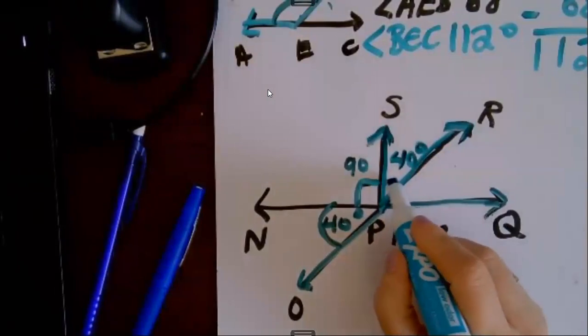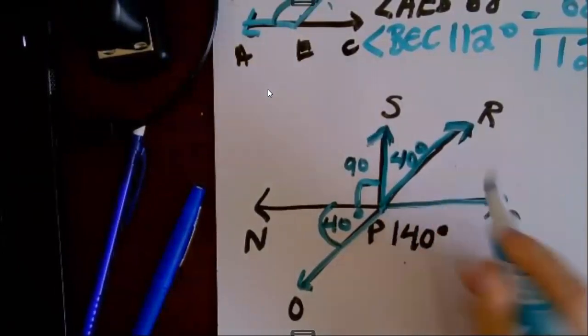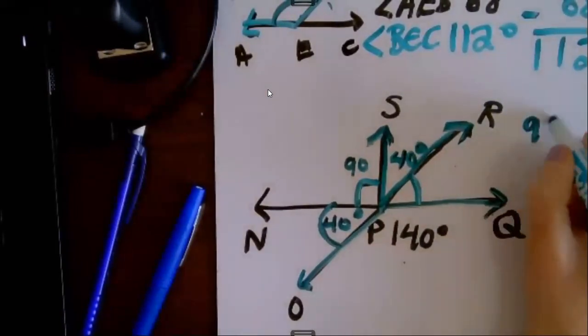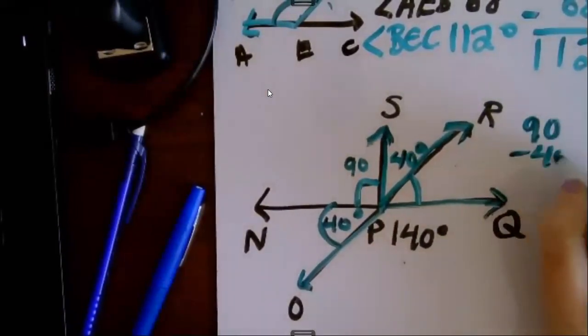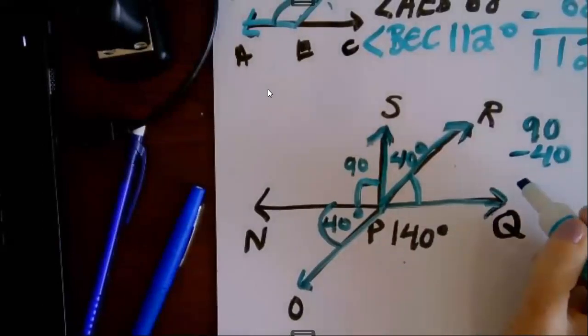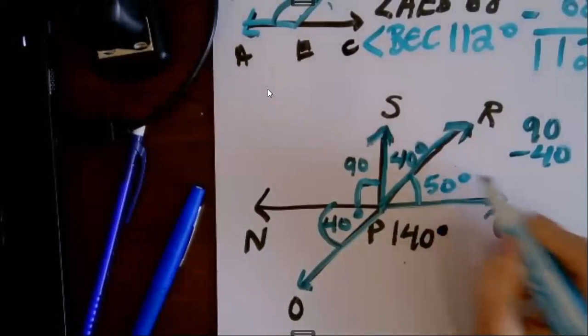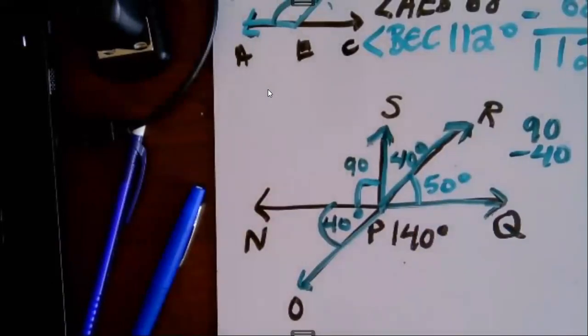So again, we know this total is 90. So if you're trying to find this angle, you do 90 minus 40, which would be 50 degrees. So you're using the information that they give you to solve those.